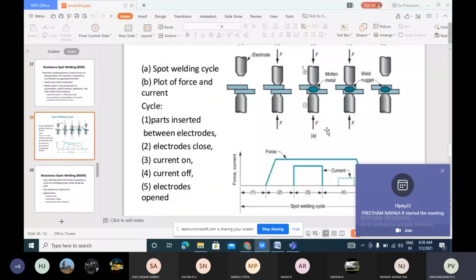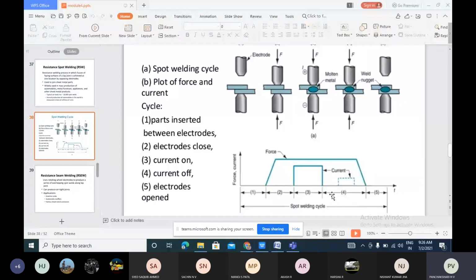Once that is over, immediately it is withdrawn, that is, power is switched off. When the power is switched off, then automatically freezing, or solidification, of the liquid metal takes place. Okay, so this is about the cycle of spot welding.